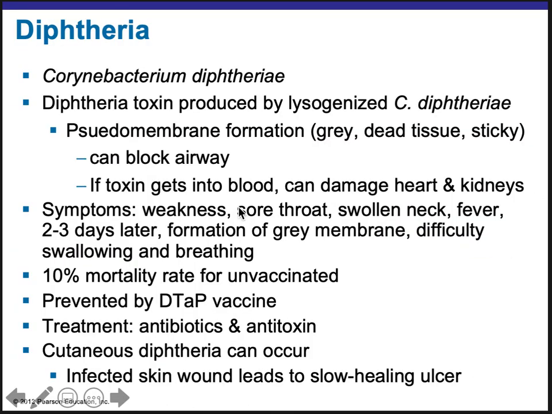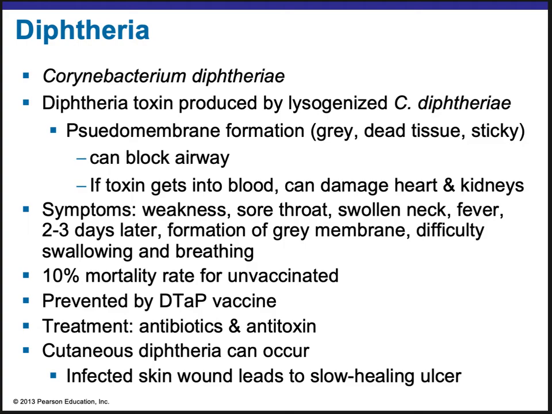Okay, so diphtheria, just like we saw with scarlet fever, diphtheria toxin is produced from the DNA of a virus that infected the bacteria. So we call it lysogenized bacteria, the bacteria that has viral DNA in it. And that is what produces this toxin.